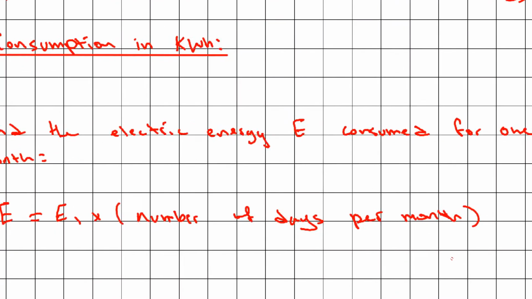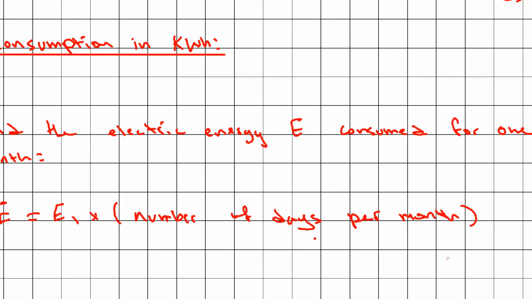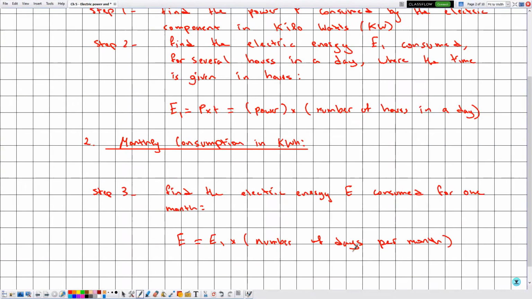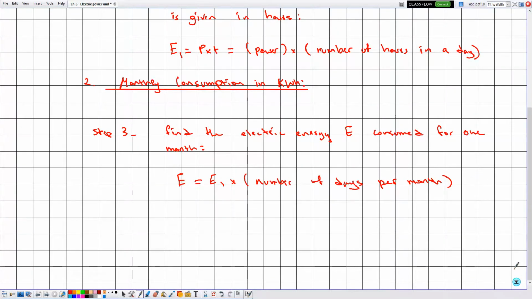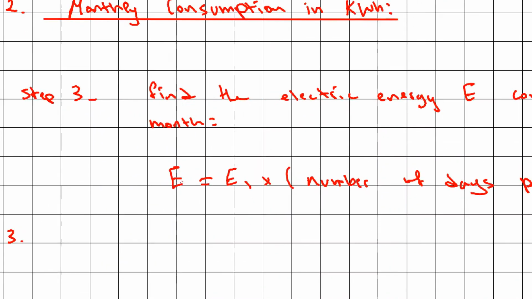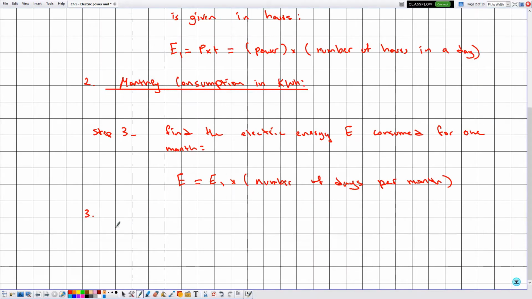Now here I didn't specify what is the number of days per month, and this depends on the exercise itself and on the number of days that we are using this electric appliance. We can use it for 15 days, 28 days, 30 days, 5 days. So this depends on the exercise itself. Now after we have determined E, which represents the electric energy consumed per month, we can determine the monthly cost.